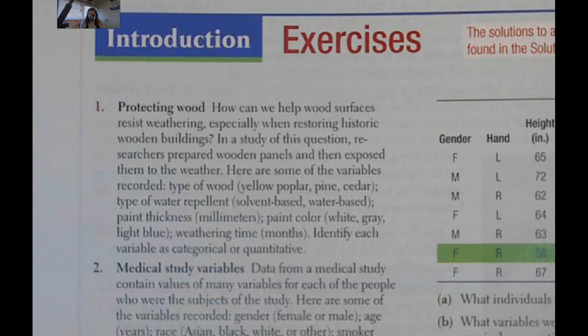Okay, next up is type of water repellent. Is it solvent-based or water-based? There's only 2 options there. Is that a categorical variable or a quantitative variable? You got about 10.